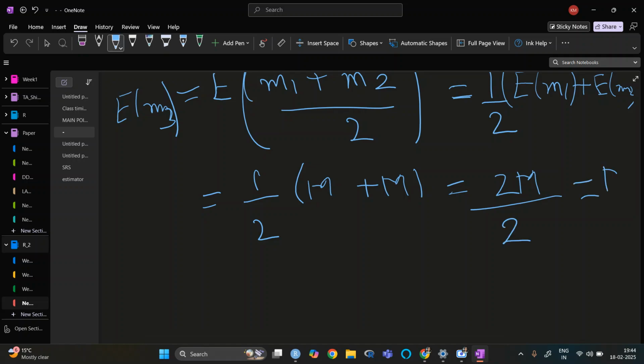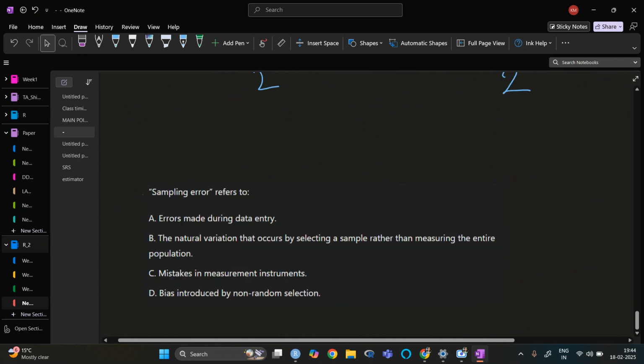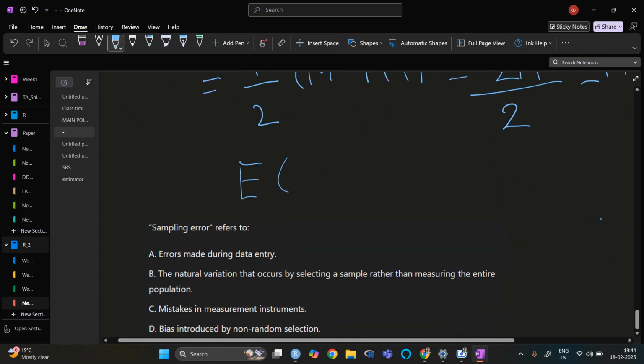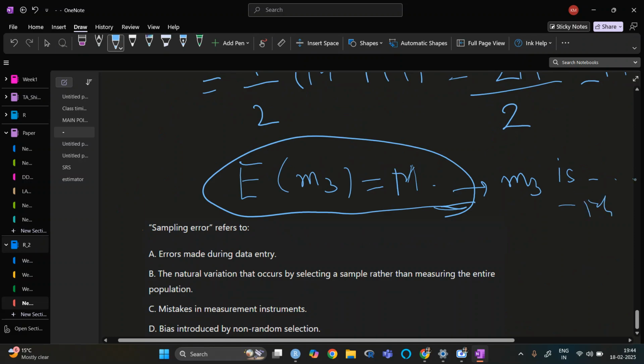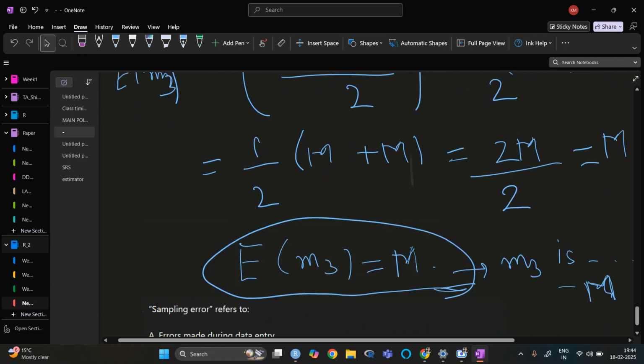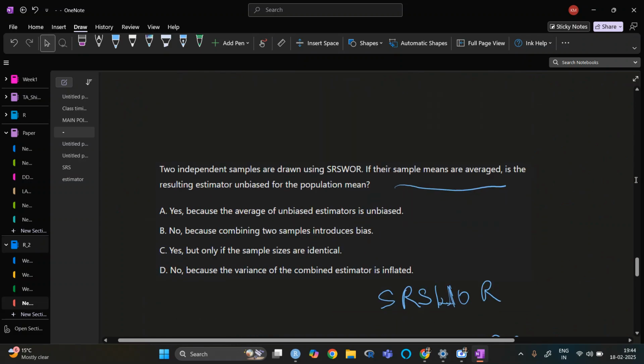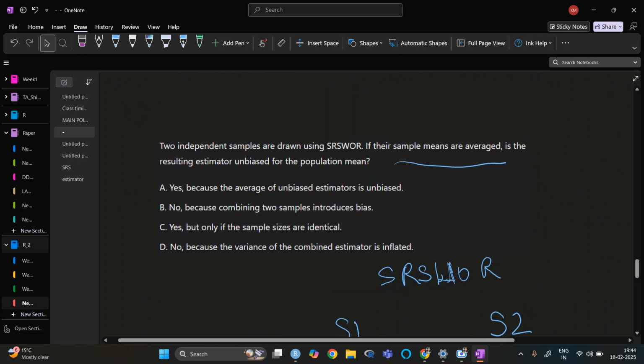So it will be M. So the expectation of M3 equals M, which says that M3 is an unbiased estimator of M. So if we take the average, the resulting estimator is unbiased for the population mean. Yes, the average of unbiased estimators is unbiased.